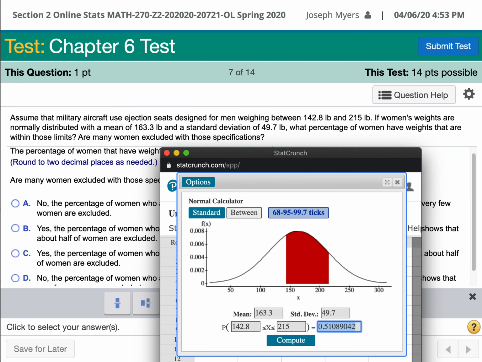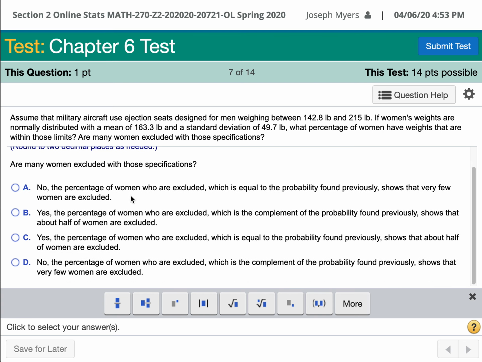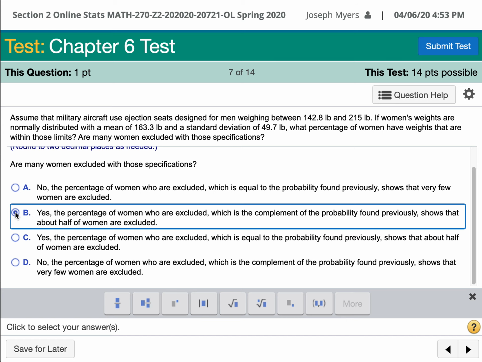Are many women excluded in these specifications? Yes, a lot of them are, because only 51% of them can fit. That means about half of the women cannot fit. So yes, the percentage of women who are excluded, which is the complement of the probability found previously, shows that about half of the women are excluded. So I would choose that one.